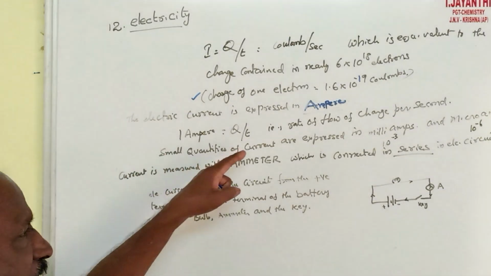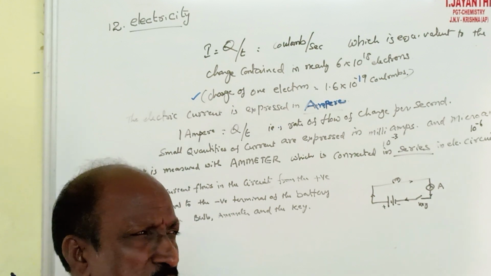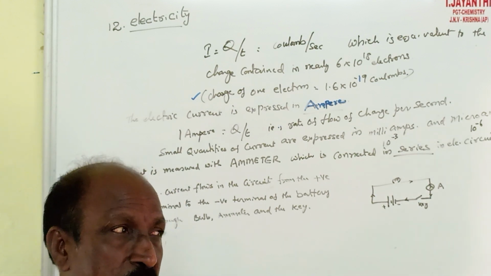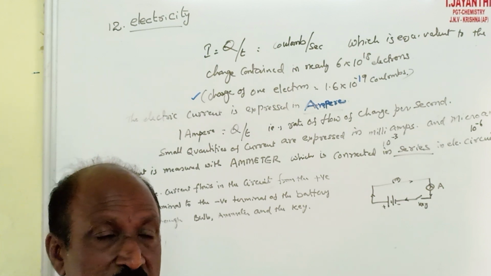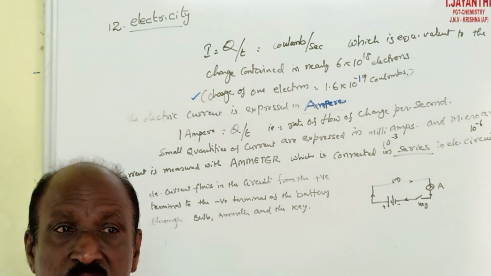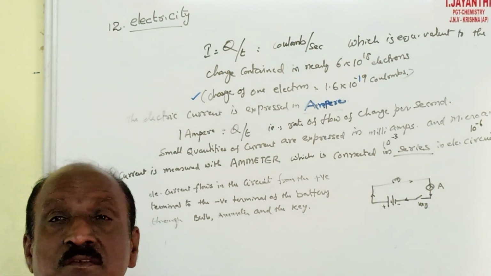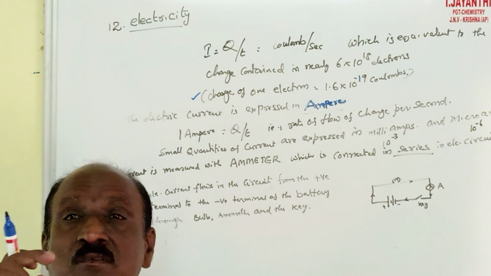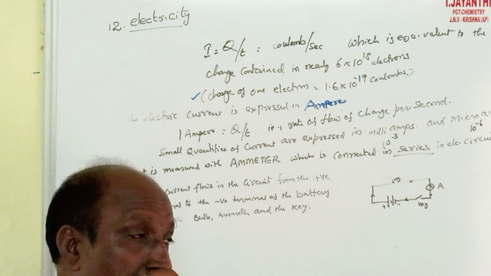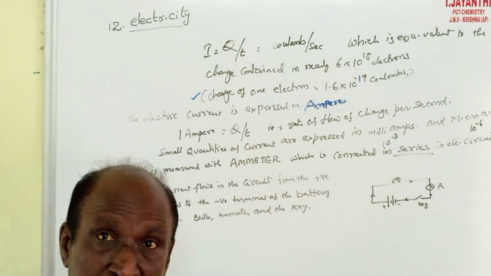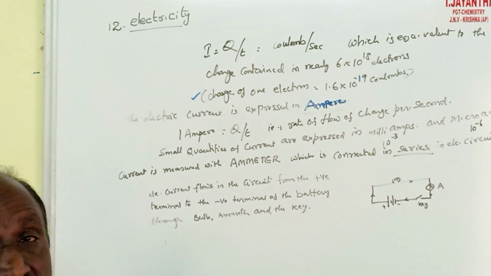Small quantities of current are expressed in fractions, if we consider some current less than 1 ampere. You can see on your cell phone batteries that it is specially mentioned how much current it is: 1000 milliampere hours, 1500, 3000 milliampere hours, like that the specifications are given.